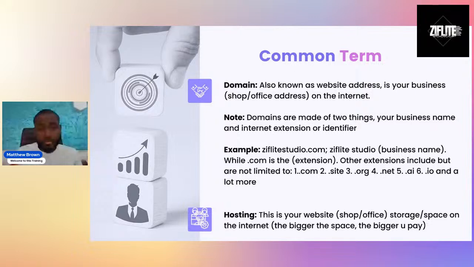Then the .com is an extension. You can also call it an identifier. Other extensions may include, but are not limited to, .com, .site, .org, .net, .io, .ai, and so many others.